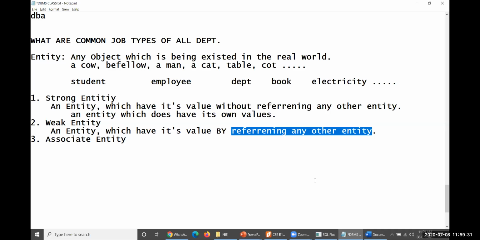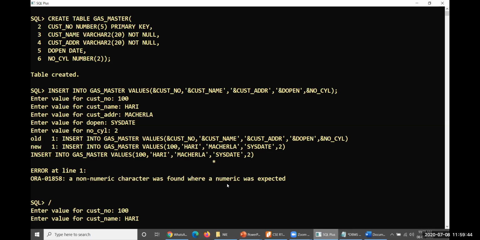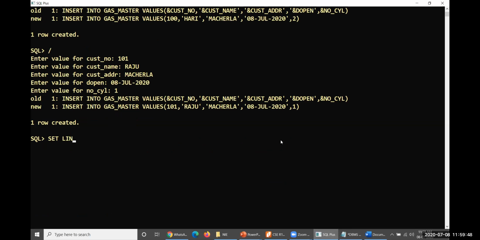Without referring to its parent, it should not be able to enter any kind of data. Let me create one more table for you, and let us show something here. Set lines 100. Set this 50.